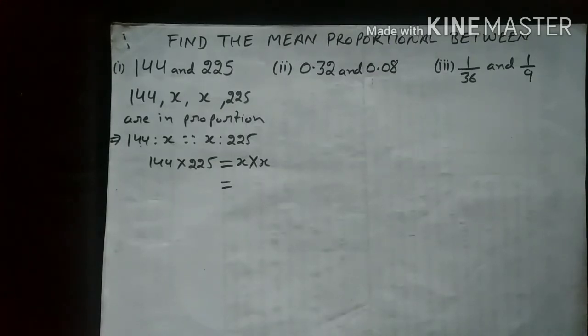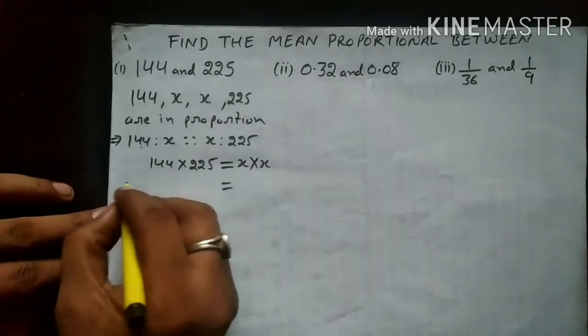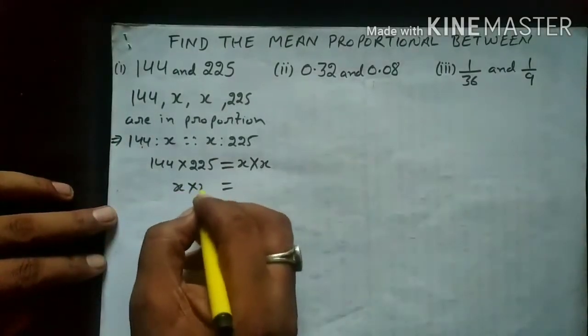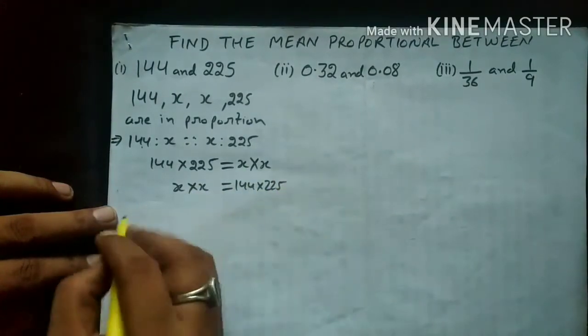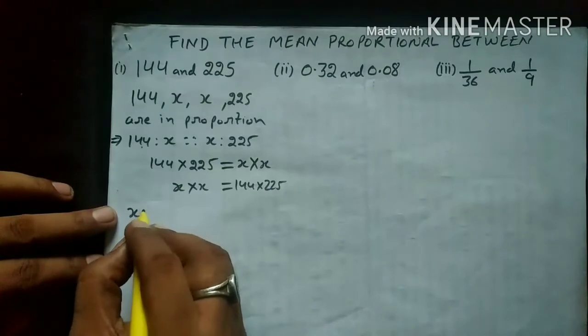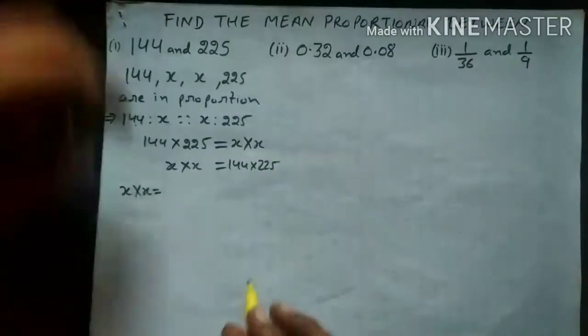But how will you find this? In order to find this, you will have to find their prime factorization. So let us do the prime factorization by writing x multiplied by x equals 144 times 225.